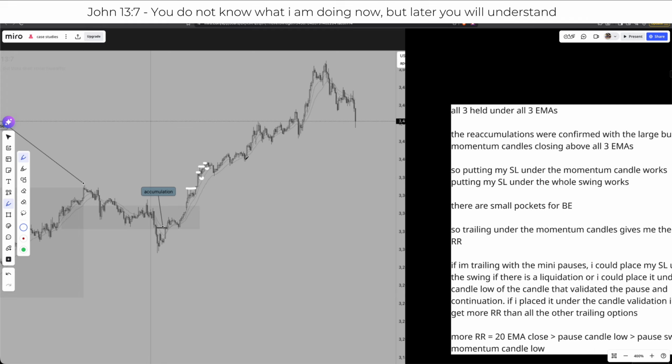The 20 EMA would get taken out right here. And then the momentum candle would be stop loss under there. Stop loss under here. Stop loss under there. Stop loss under there. And then I get taken out. Right.